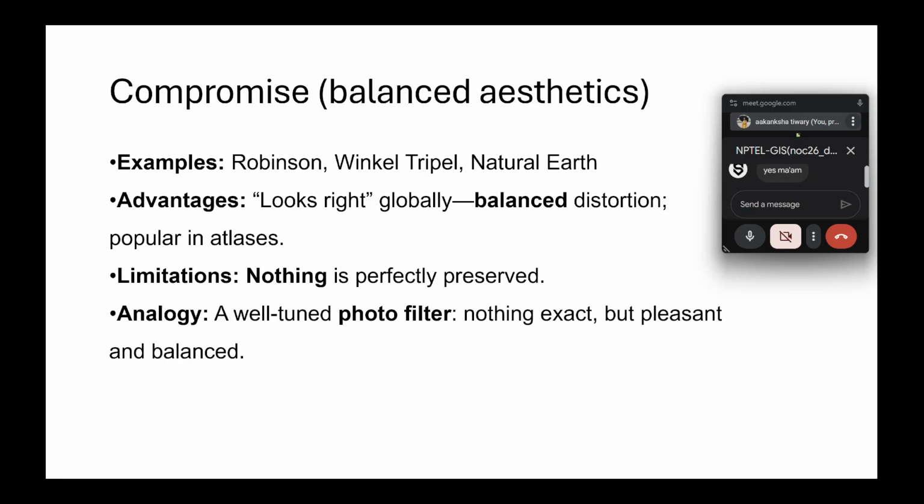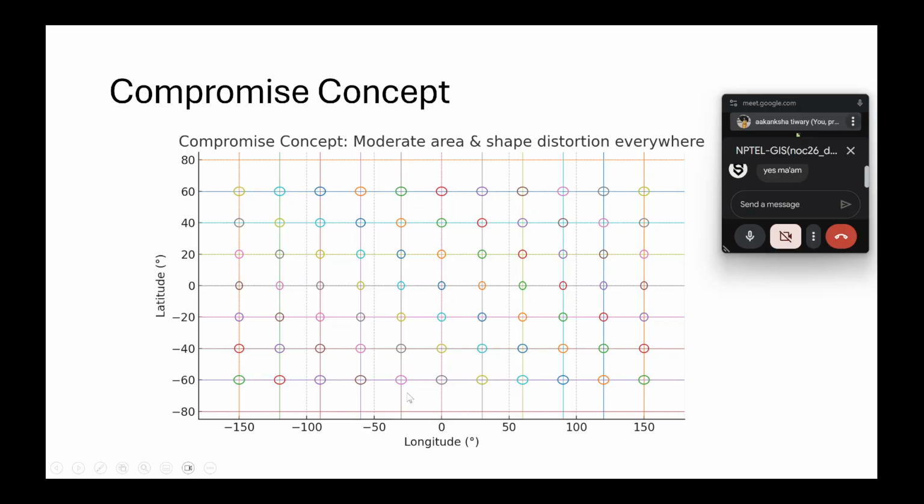Even area, distance, and angles, everything we want to balance, but actually nothing is perfectly preserved, but still it looks balanced. Okay, so this is a compromise concept. Every area is moderate and shape distortion is also everywhere, but it is kind of balanced.